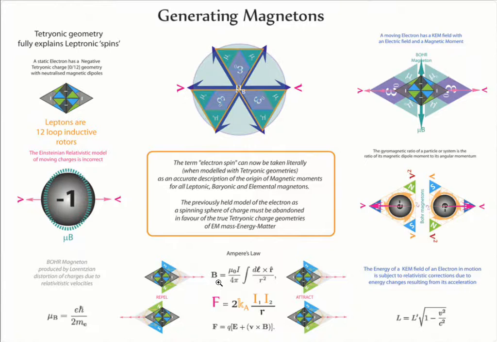So whereas Einstein's model of special relativity says that the spherical point charge of an electron is distorted, as shown here, or squashed into an oblong shape, and this distortion becomes greater as the velocity increases, Tetrionics in fact shows us that this is not the case.